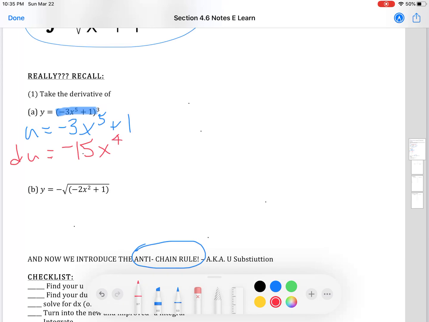So, what we actually did back in the day, we rewrote y in terms of u. So we said that y was equal to u to the 3rd. Actually, we'll make that 3rd in black because that was kind of part of the original function.